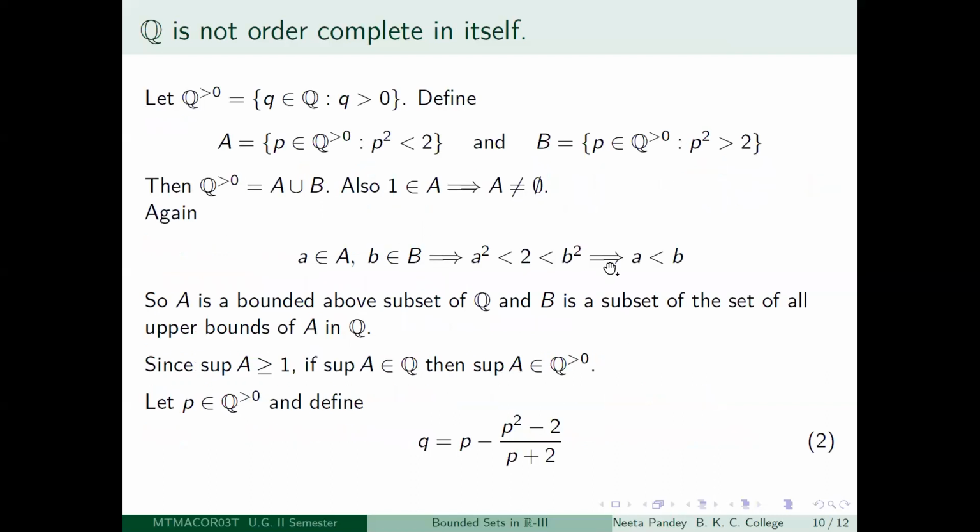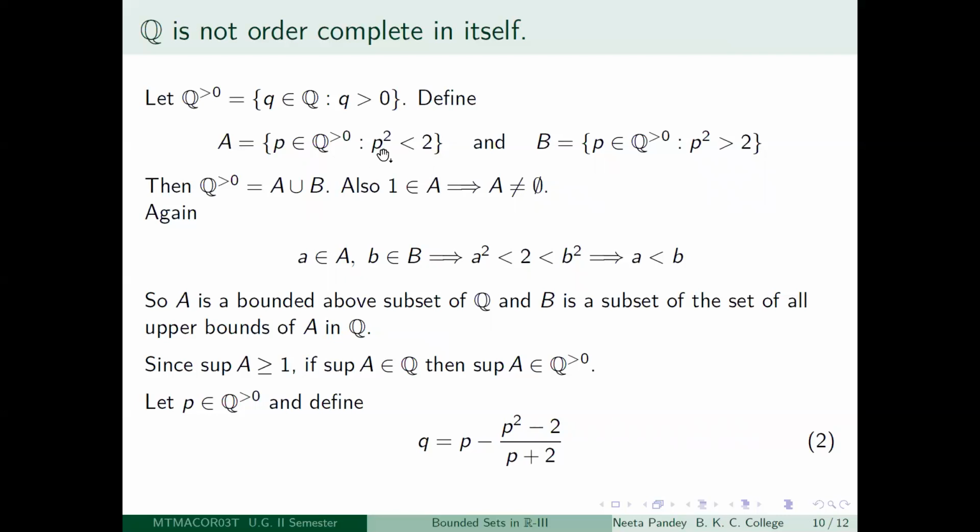Now you have seen that, what are the upper bounds of A? They have to be positive rational numbers, because A is a subset of positive rational numbers. So all the upper bounds of A in rationals have to be positive rational numbers.